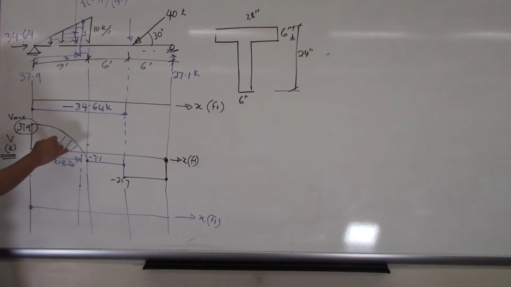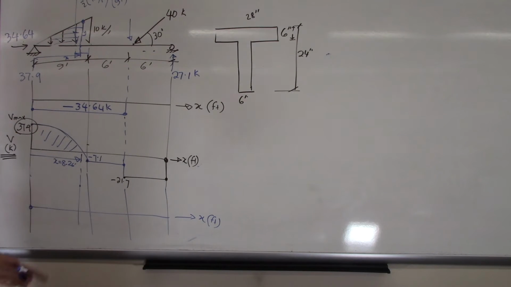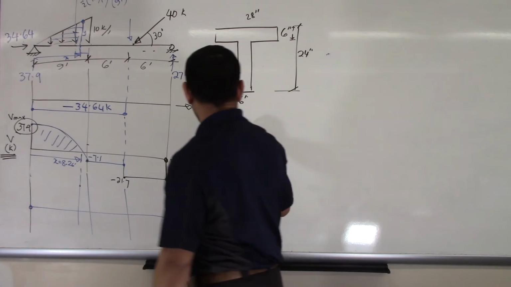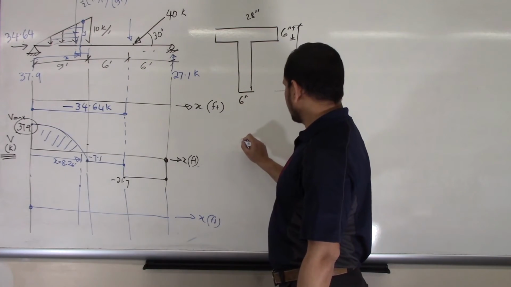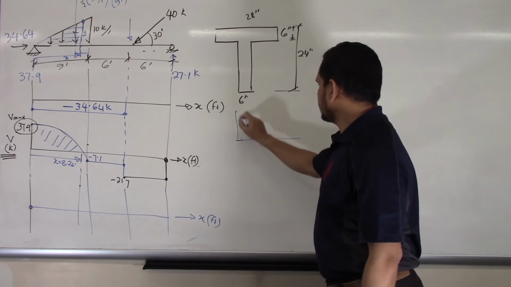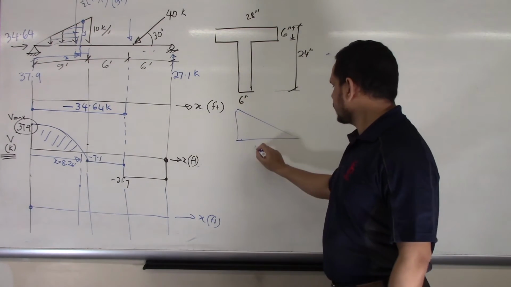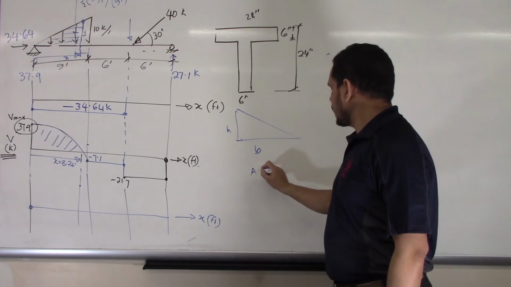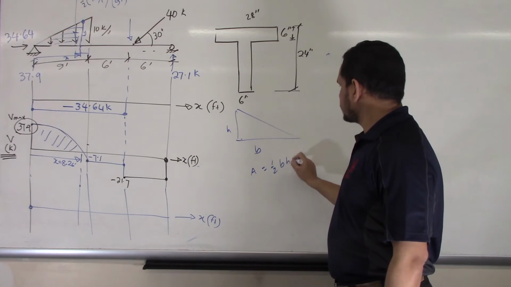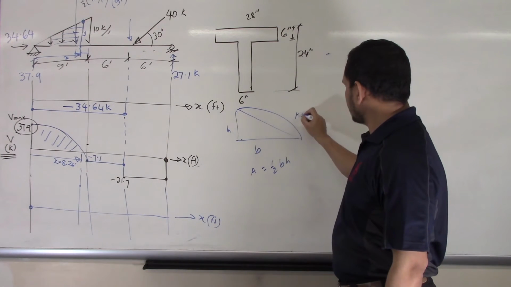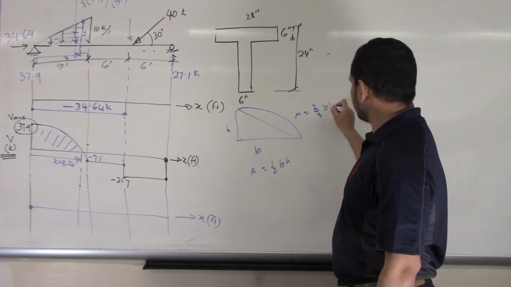Then I will come here somewhere. What is my area? Now this is an oval shape. We can calculate exactly, or we can consider the approximate area. So for the approximate area, we know that if it is linear, the area is half PH. If it is this shape, the area is 2/3 PH.